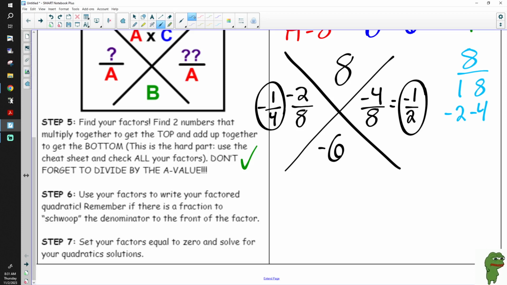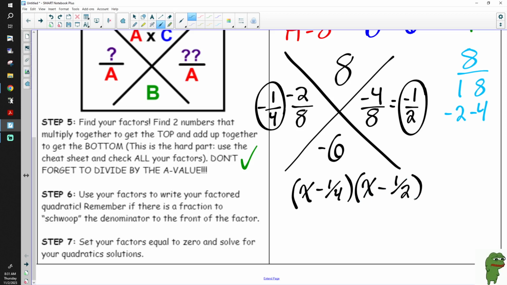To write our factored form, we are going to put our left and right numbers into parentheses. Okay, so here we go. We have x minus 1/4. Wouldn't it be 4x though? You are right. We will do that in a second. We will swoop it. And we have x minus 1/2.